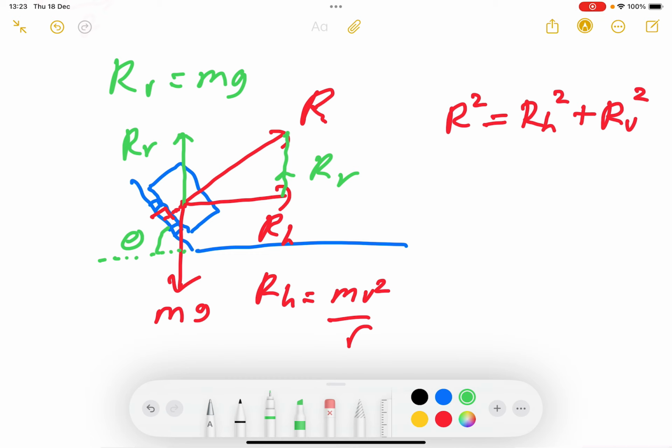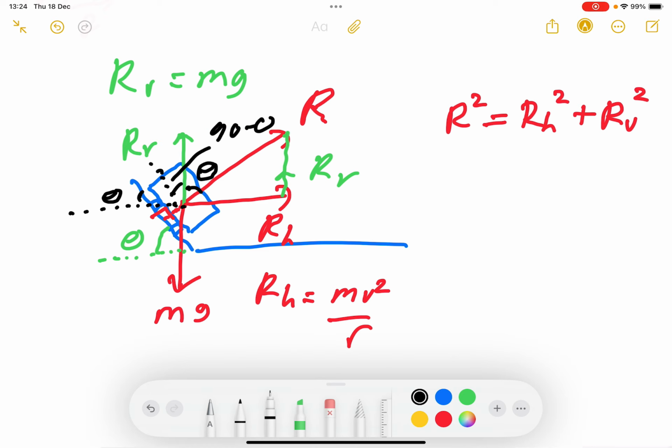That's not particularly easy, but we can extend that horizontal line, which is RH, and we should from there be able to see that angle there is also theta. So that angle there, if we draw a parallel line, is 90 minus theta, so that angle there is theta.